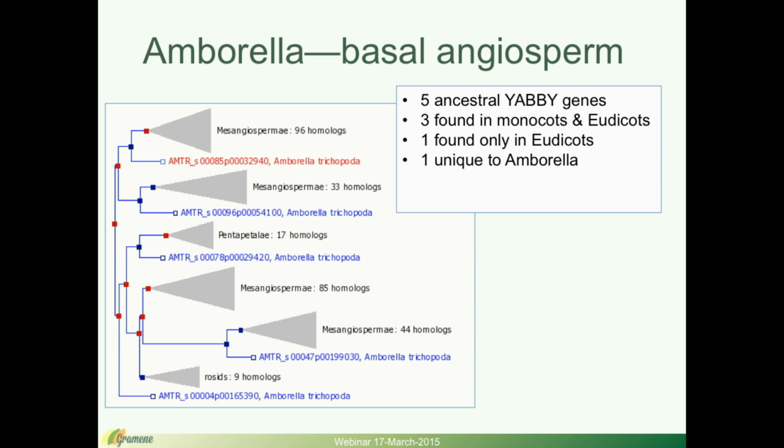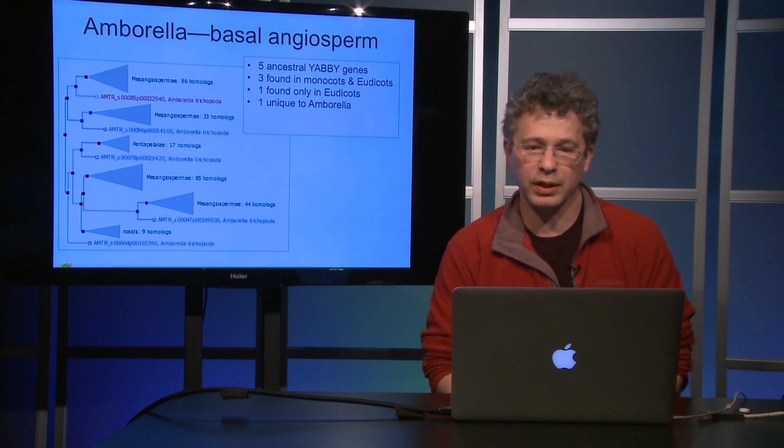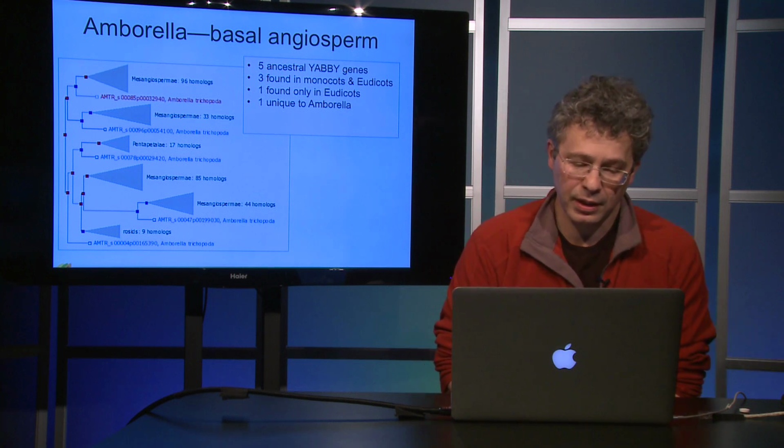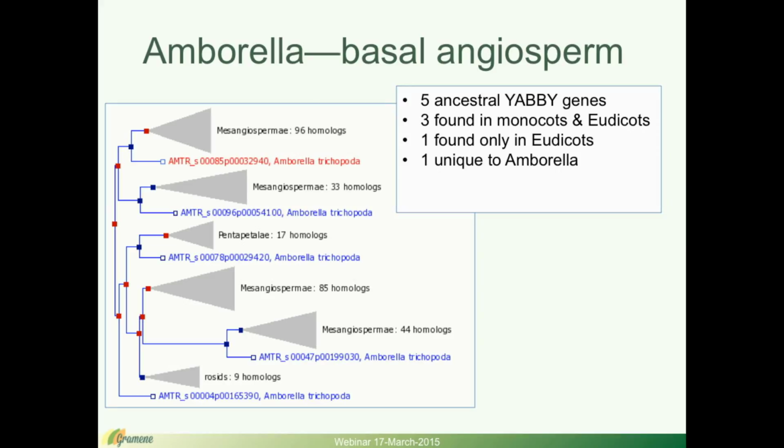If you click on one of the Amborella genes and then select View Paralogs of Amborella, Amborella is a basal angiosperm, so it lies at the base prior to the split between dicots and monocots. And so this gives a pretty good indication of what the ancestor looked like. And you can see that there are actually 5 YABBY genes in Amborella.